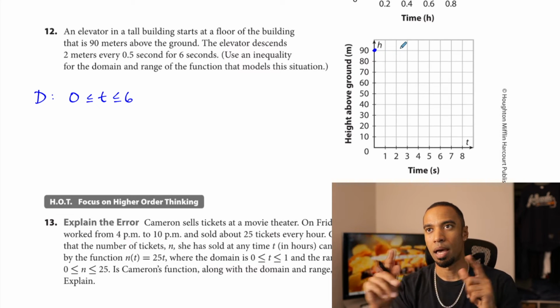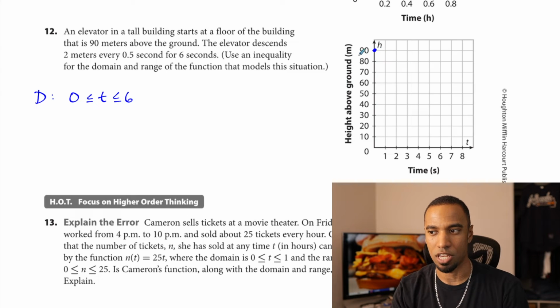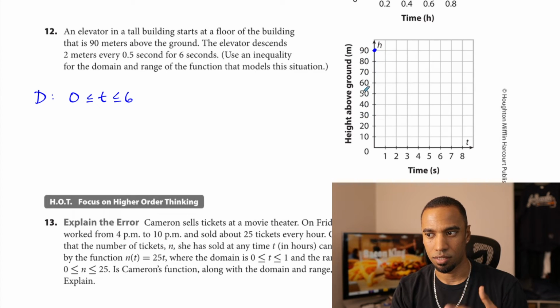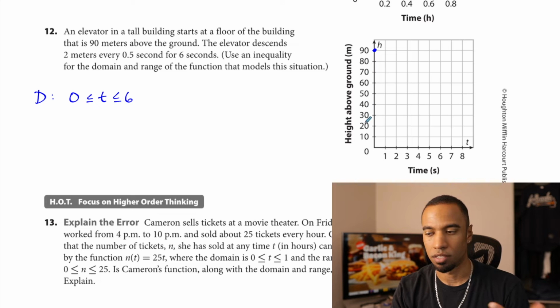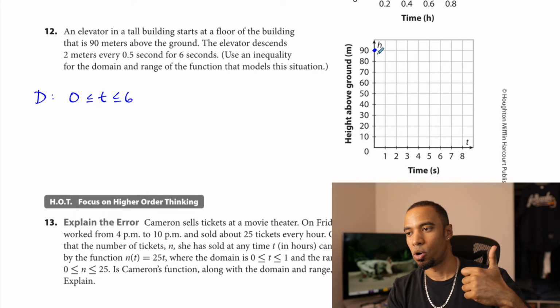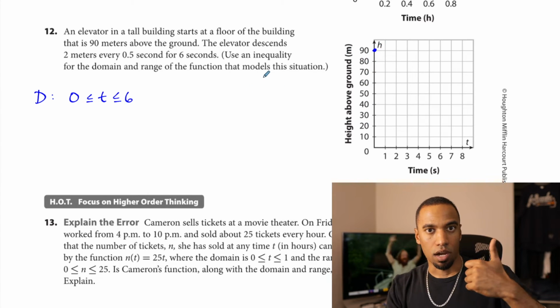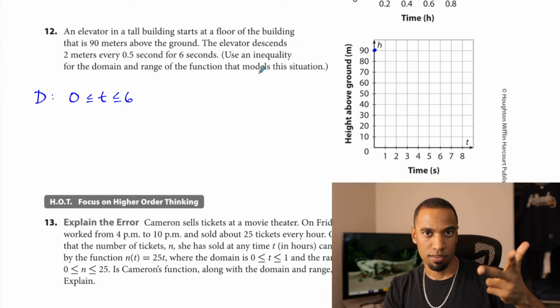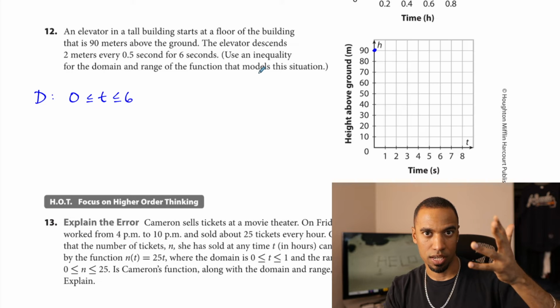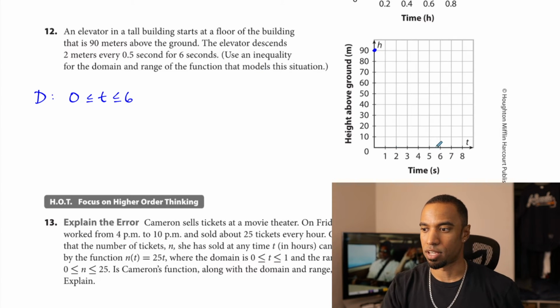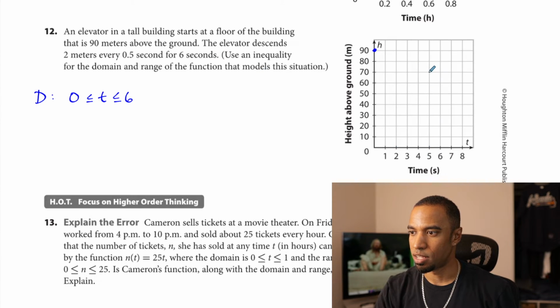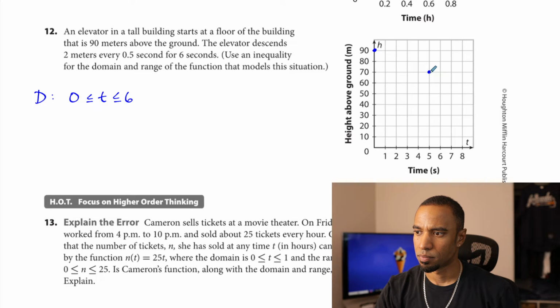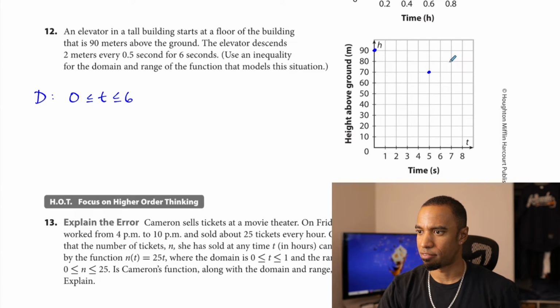So I'm just going to take away 4 every time until I hit a factor of 10, like one of these numbers here. 86 after 1 second, 82 after 2 seconds, 78 after 3 seconds, 74 after 4 seconds, 70 after 5 seconds. So after 5 seconds, it hits 70 meters because it's 2 meters every half a second. At 6 seconds, it's another 4 meters after that, so that's 66 right there.